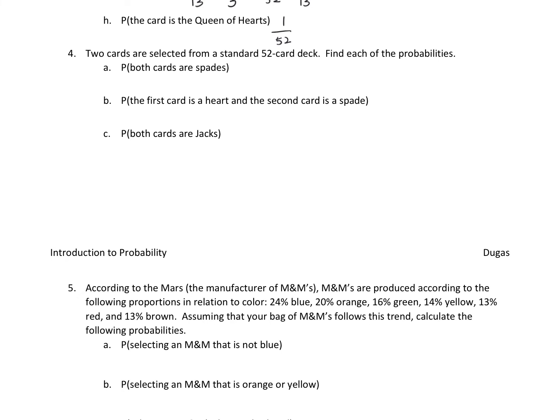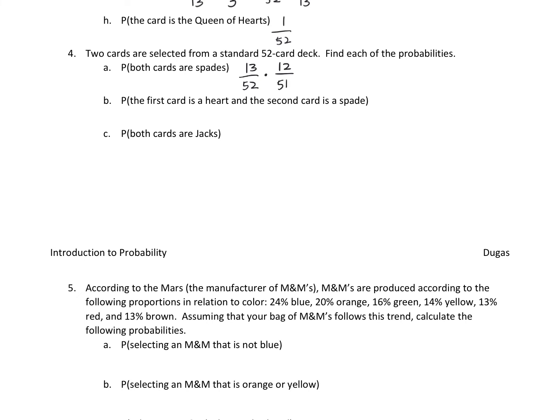So the probability of the first card being a spade is 13 out of 52 because there are 13 spades out of 52 cards. But after you get that first card, that card is gone, and for the second card, there's only 12 spades left because you're assuming that you got a spade, and there's only 51 cards left.